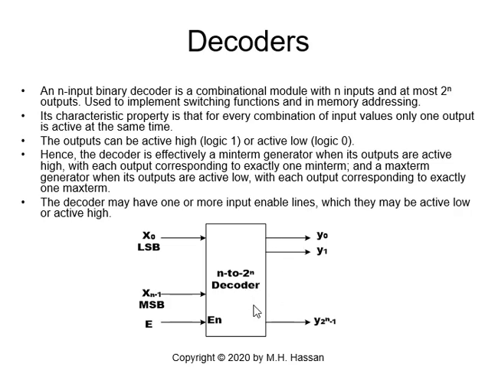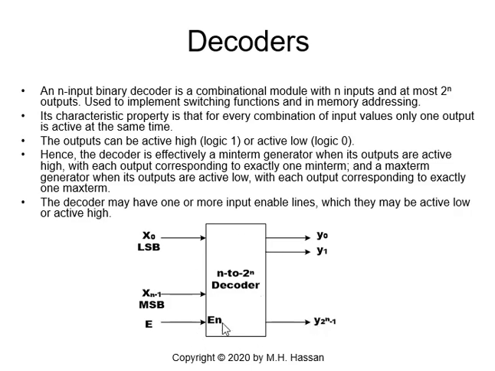So this is a block diagram for the decoder, which for n to 2 to the n, n is 2, 2 to 4, n is 3, 3 to 8, and so on. X0 is the least significant bit, Xn minus 1 is the most significant bit, and we have the outputs from Y0 to Y2 to the n minus 1. If I have two inputs, X0 and X1, I have Y0 to Y3, which is 4 minus 1.